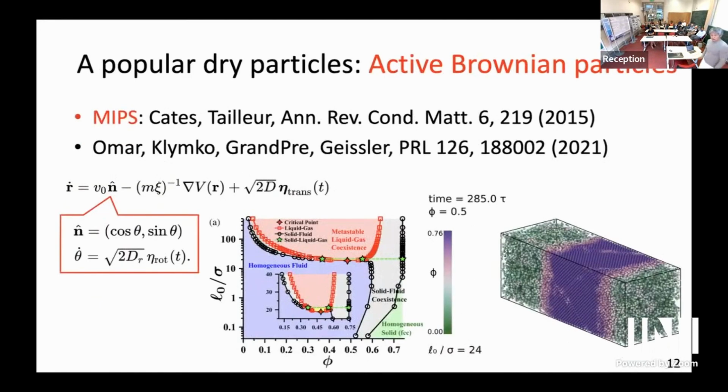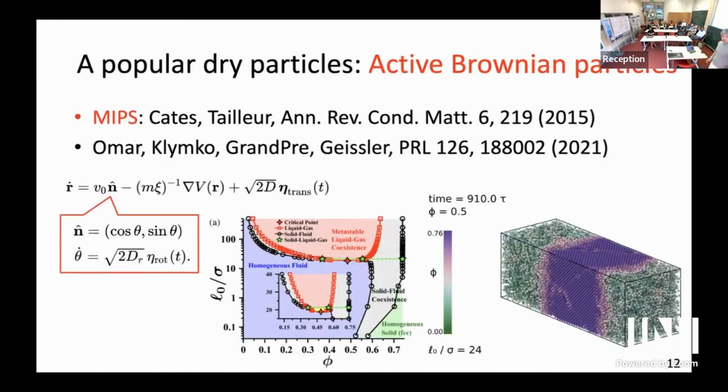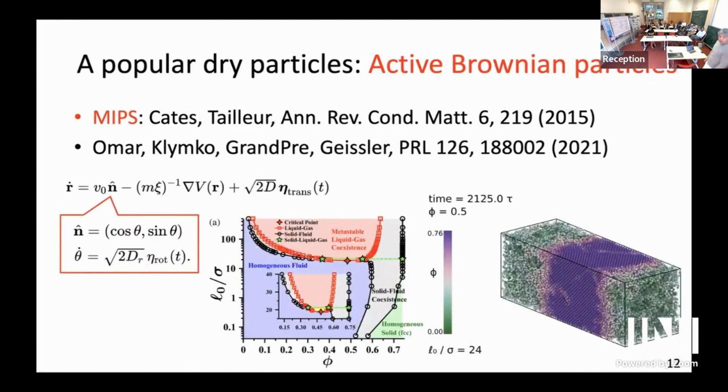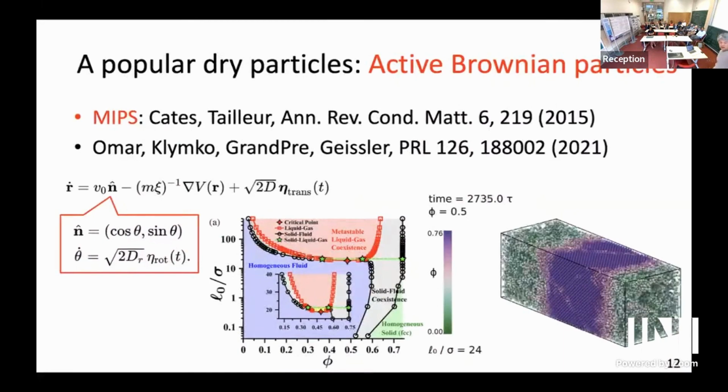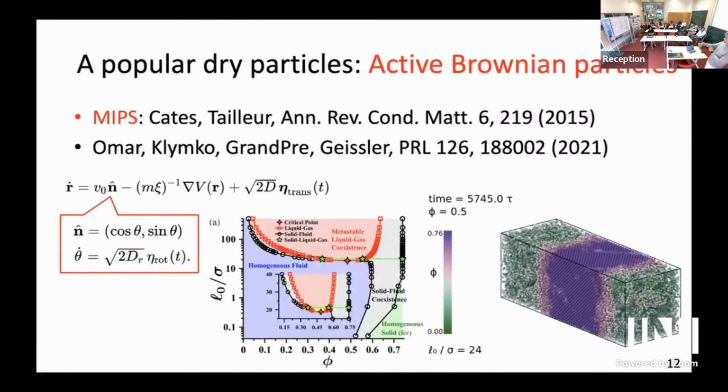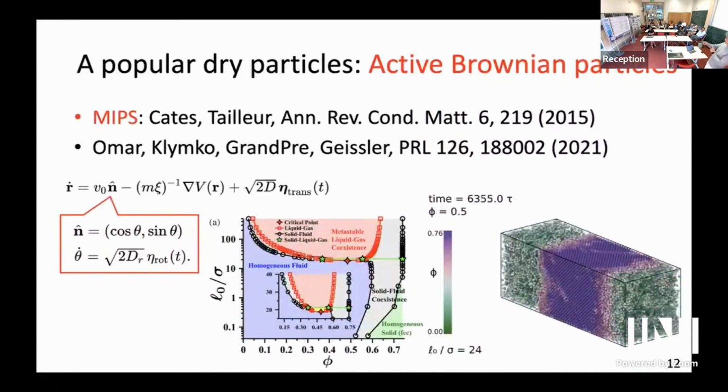And then another type of popular dry particle model is, of course, the active Brownian particles. And in both cases, the activeness is imposed by a constant velocity applied to the particle pointing toward the polar direction.